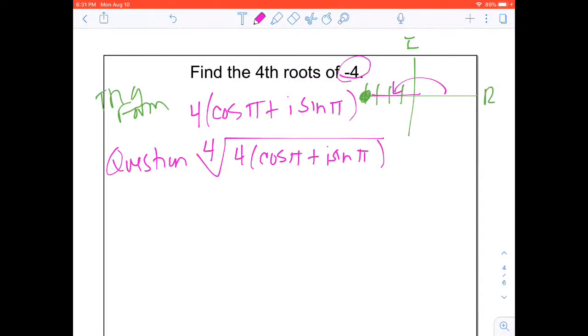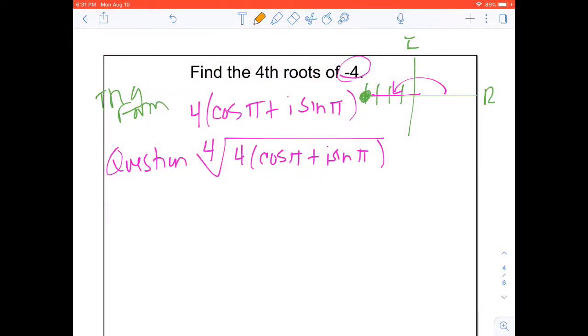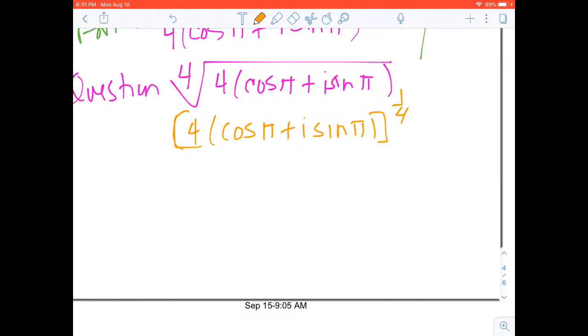That's what it's asking. Well, instead of writing it in radical form, let's go ahead and write it in rational exponent form. So that is going to imply 4 cosine pi plus i sine pi all to the 1/4 power. All right, this is where things are going to be different because you would have to identify that this is a root problem, not a power problem.